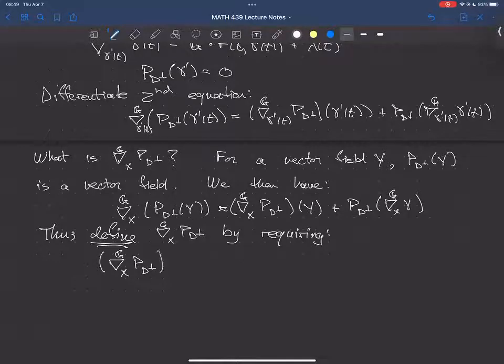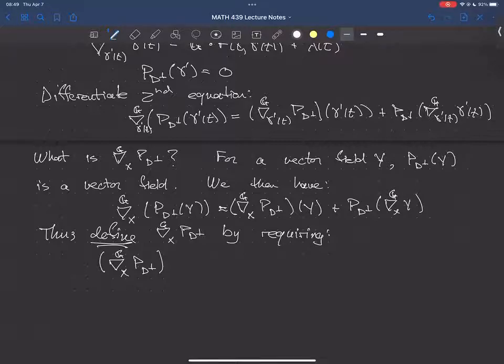Okay. So what kind of object is this going to be? Well, what kind of object is P D perp? Well, P D perp is a linear mapping from TQ into TQ, right? So when I differentiate that, I'm going to get the same kind of a thing, okay?